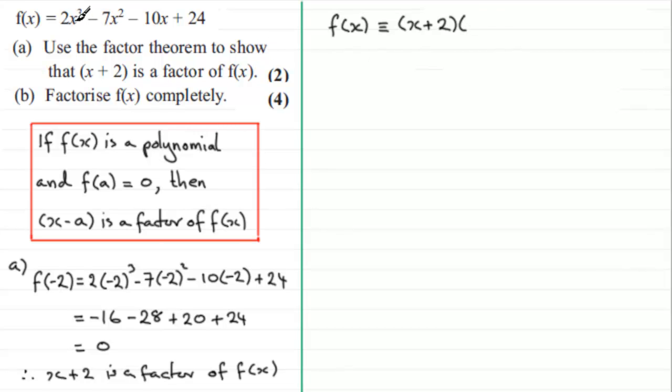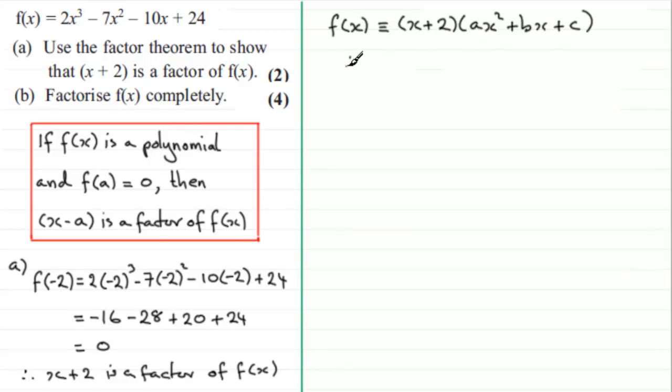So in order to get a cubic equation, this other factor must be what we call a quadratic factor, and quadratic factors have the form ax squared plus bx plus c. So we would expect f of x to look like this: x plus 2 times a quadratic factor.